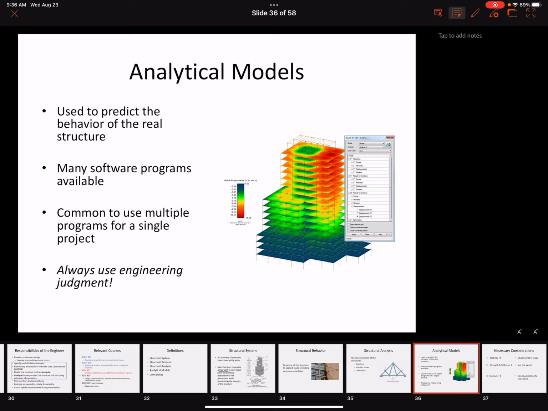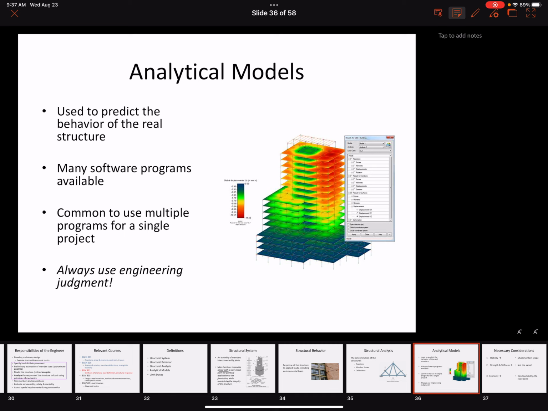But in all cases, it's so important that you always use engineering judgment. You probably heard the expression garbage in, garbage out, yes? Well, that couldn't be more true in this case. The program will do exactly what you tell it to do. So it's important that you understand what it is you're telling it to do. You need to know the specifics, the quirks of that particular program.